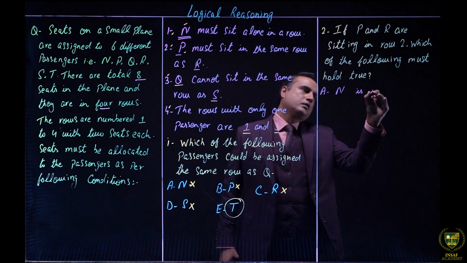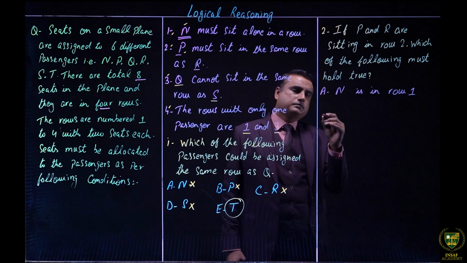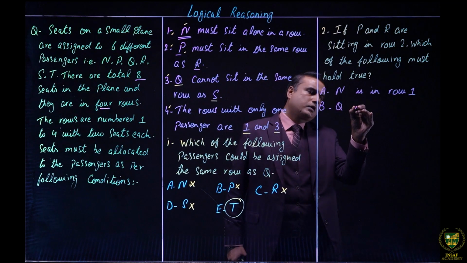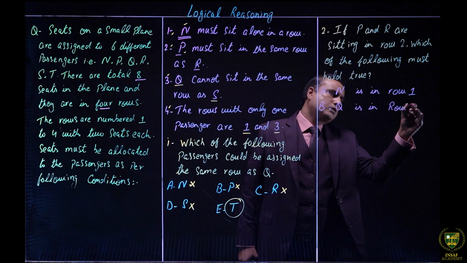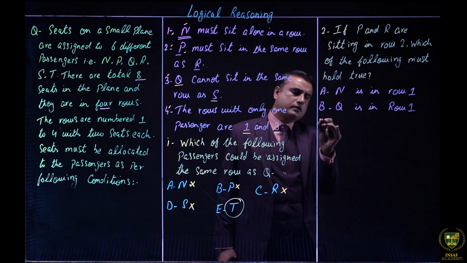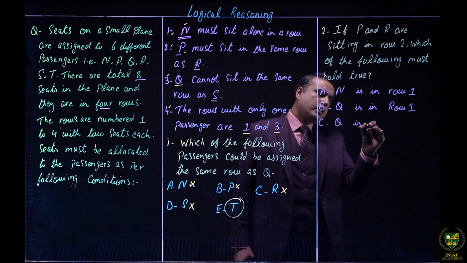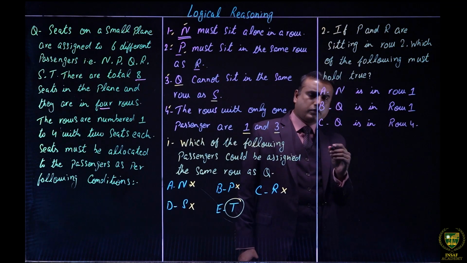Alpha: N is in row 1. Beta: Q is in row 1. Charlie: Q is in row 4.